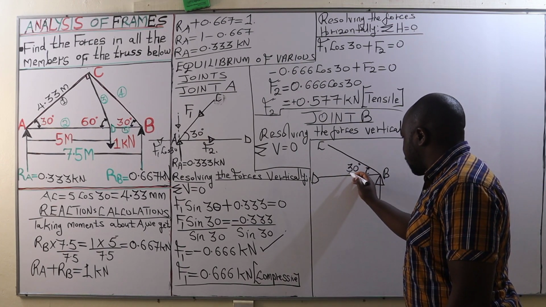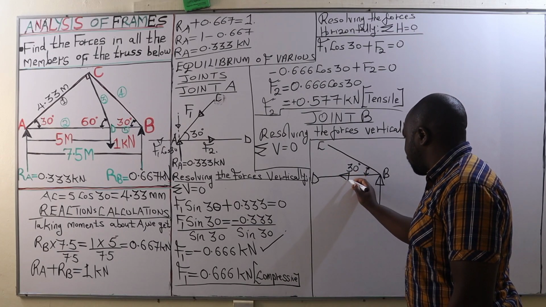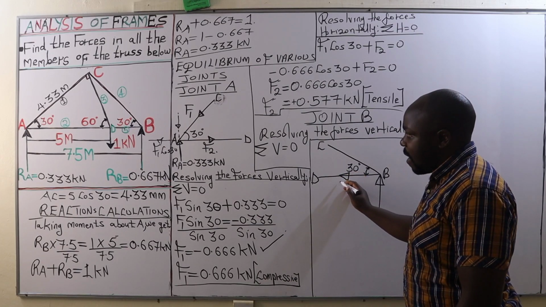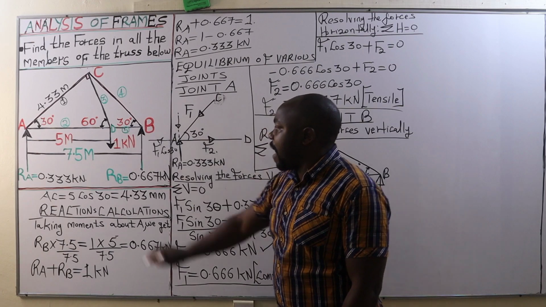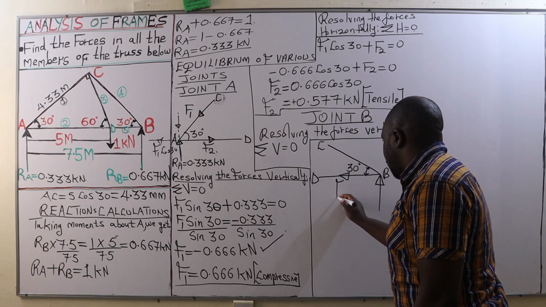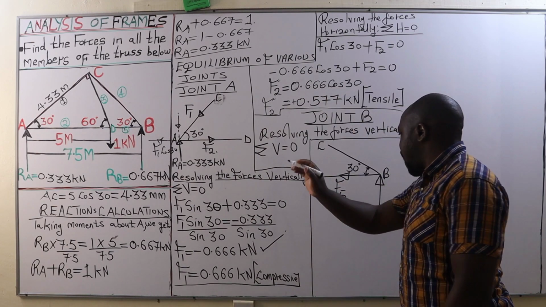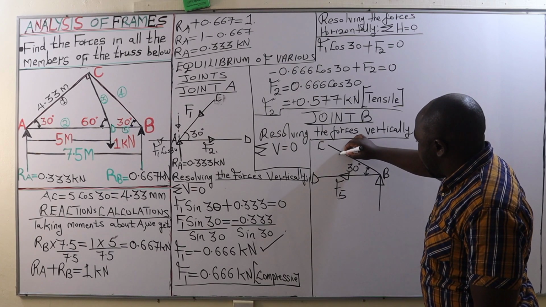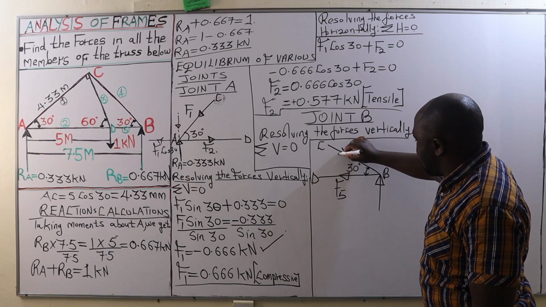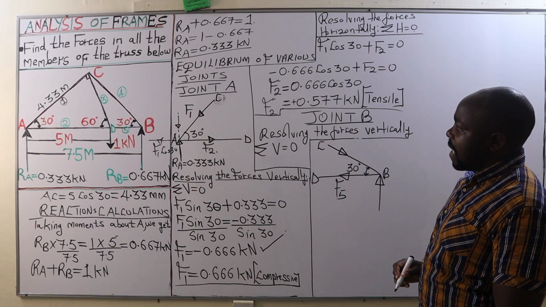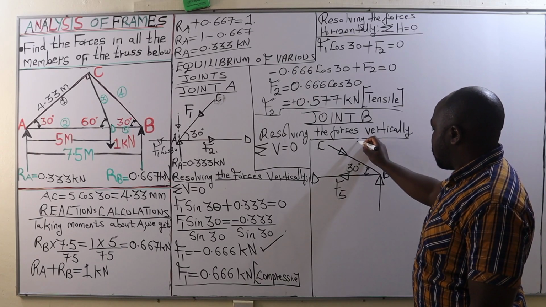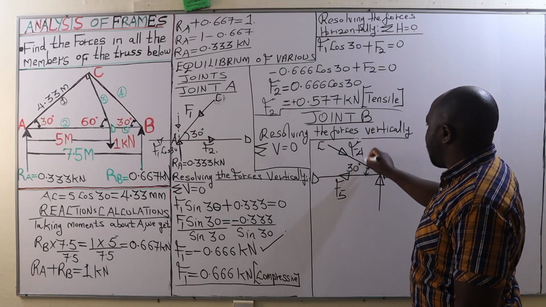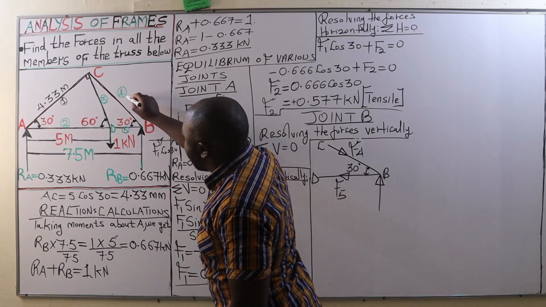Let's say we have a tensile force here, that is member 5, and therefore we are going to have F5. On member CB, let's assume we have a tensile force, calling it F4, because that is member 4.